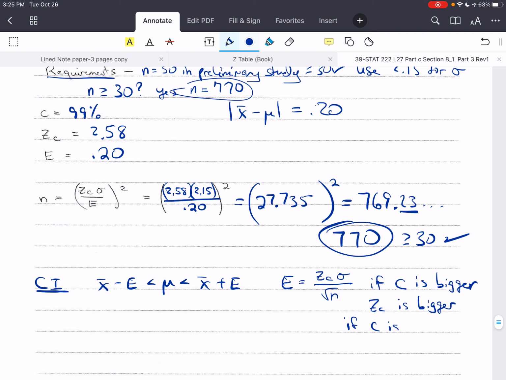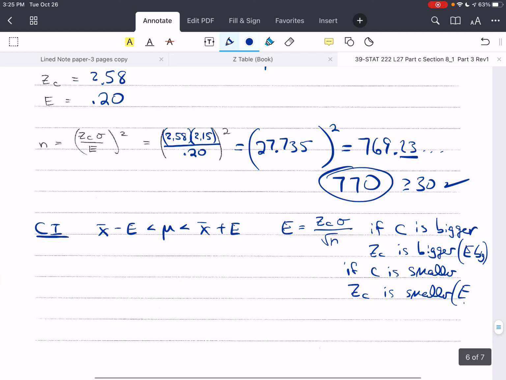If c is smaller, z sub c is smaller. So E here would be smaller. Okay? So what happens as we increase n?